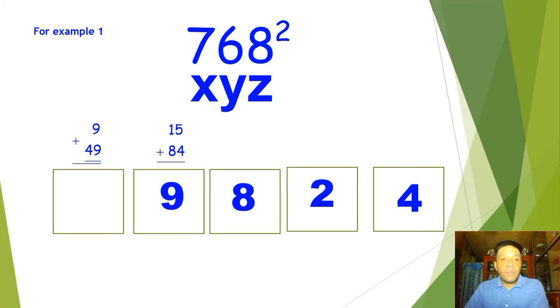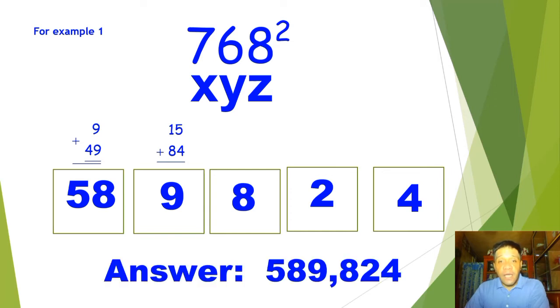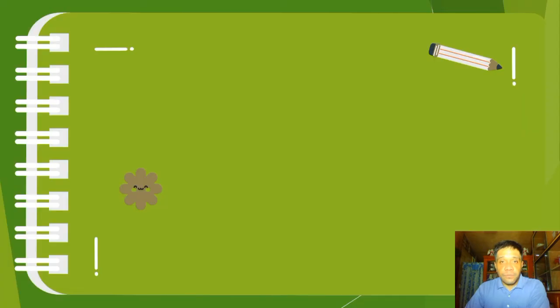So we have 9 plus 49, and we have 58. So the answer that we come up with for the square of 768 is 589,824. Again, the answer is 589,824. That would be our given problem number 2.